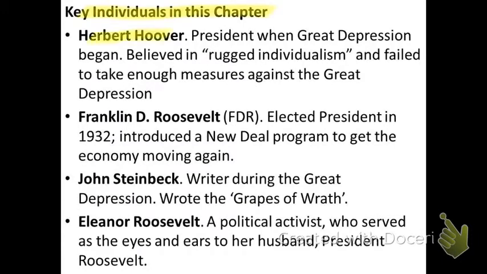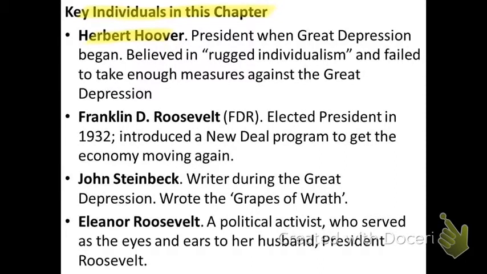Key individuals in this chapter. Herbert Hoover, president when the Great Depression began. That's not really true. It is arguable that the Great Depression began in 32, though there are others who would argue it began in 33 after he left office. Yeah. He was in office when the Great Depression kind of got started, or one of the really big steps toward the Great Depression with the stock market collapsing. True, he was in office then. Did he do a whole lot?